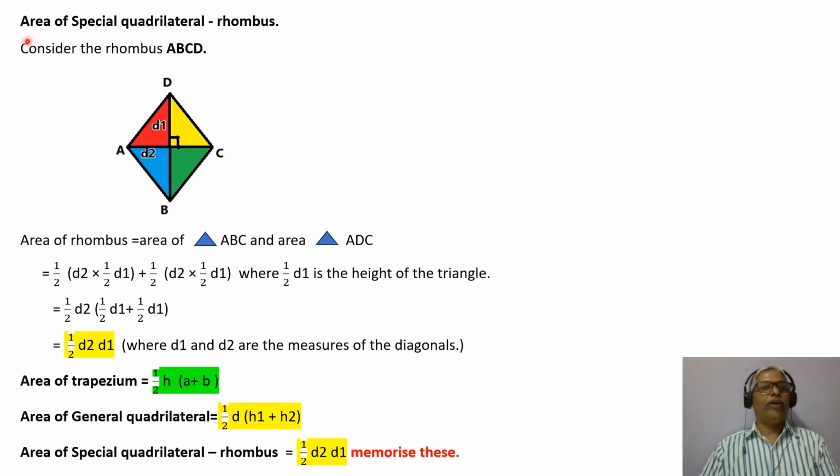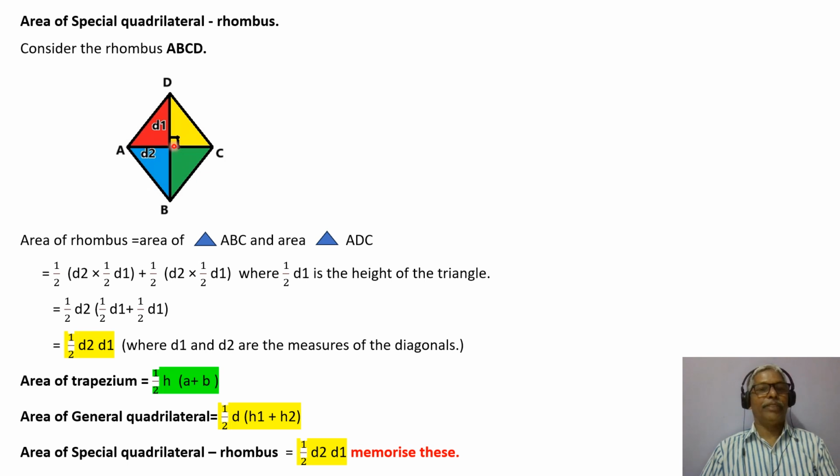Now area of special quadrilateral, that is rhombus. Okay, earlier it was general quadrilateral, now this is special, rhombus. So consider the rhombus ABCD. You know what rhombus is? You know the property that all sides are equal and diagonals bisect each other at a right angle.